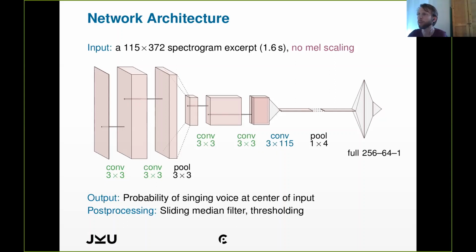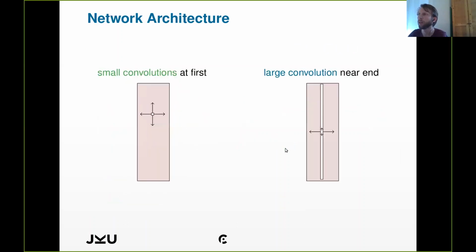And something peculiar about this architecture maybe is that I'm using small convolutions in the beginning and then one large convolution near the end. So these small convolutions allow us to learn features that are invariant over time and frequency. And near the end, I'm learning features that are still invariant in time, but take into account the full frequency range already.